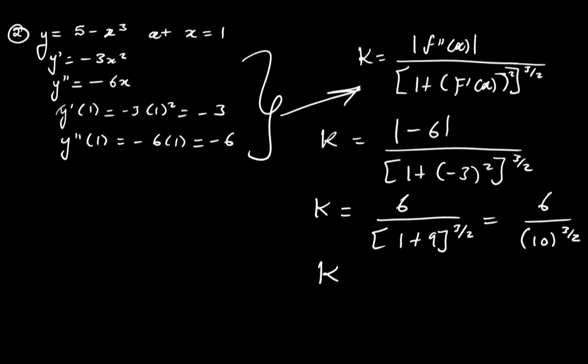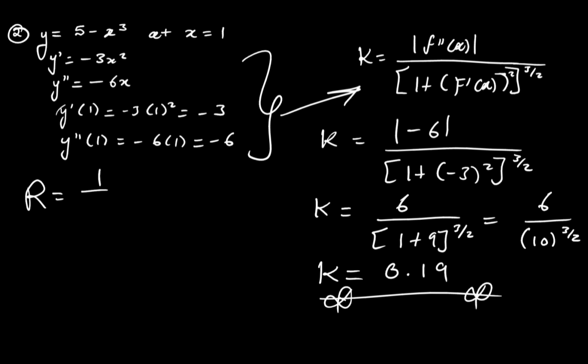If we evaluate this on our calculator, we get a value of 0.19 as our curvature answer. Now that we have our curvature, we can easily find our radius of curvature, where the radius is equal to 1 over k.